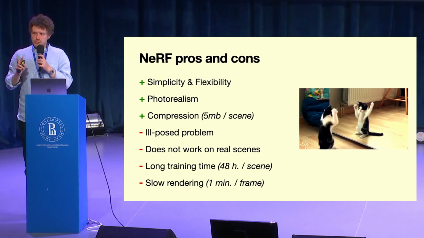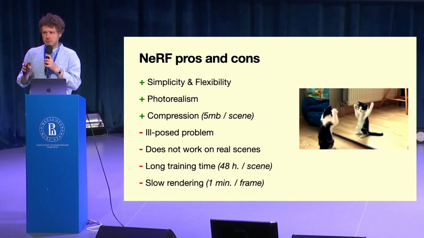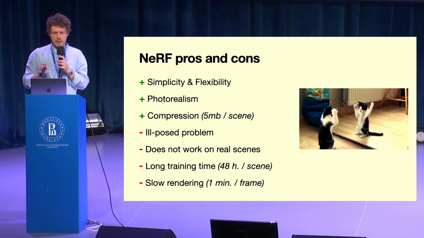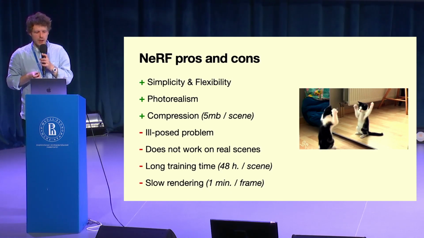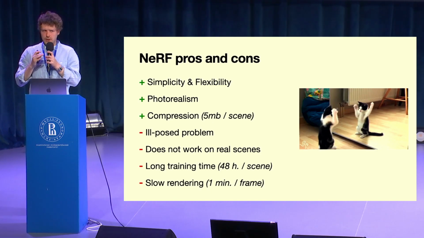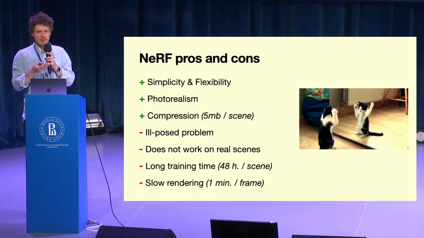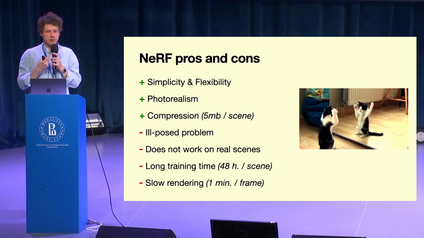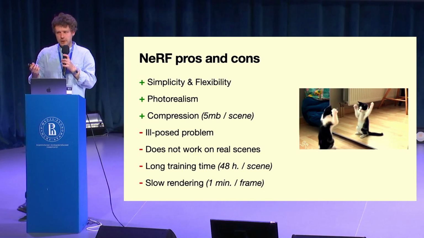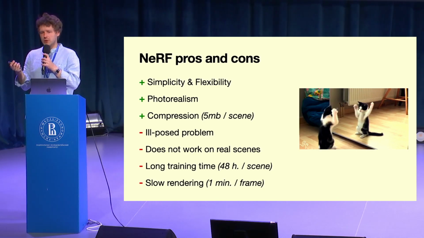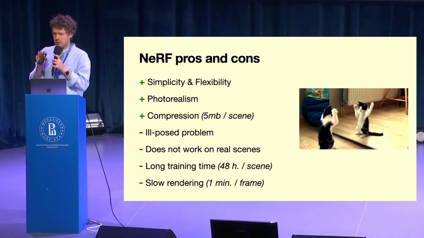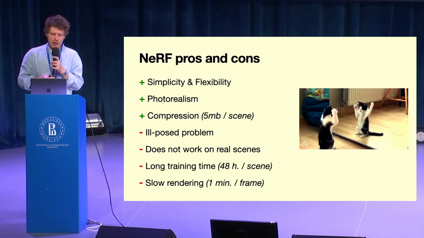And another issue is that training time is horrible. As I should have mentioned, to reconstruct a scene, you usually train a single network per scene. You use a single network to model a scene. And training such a network in the original work took about several days with multiple TPUs, huge compute power.